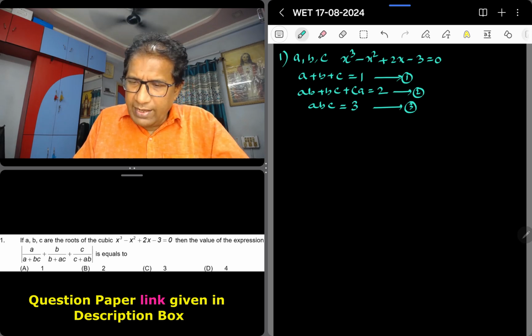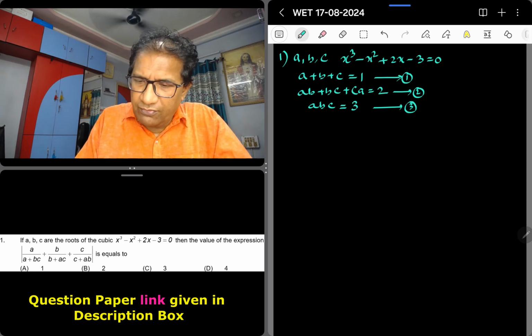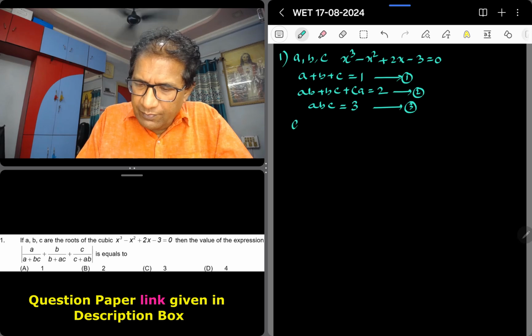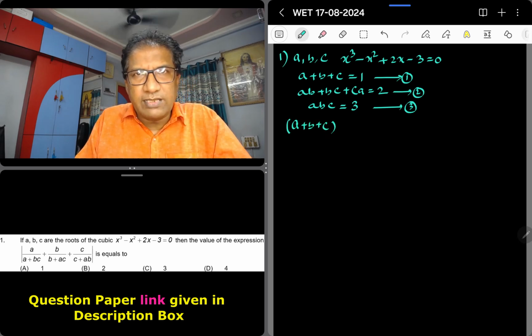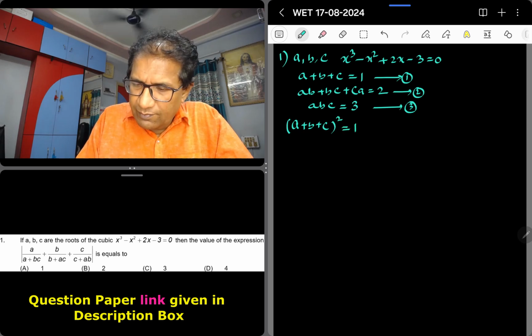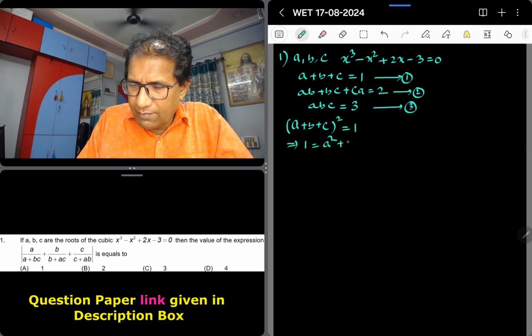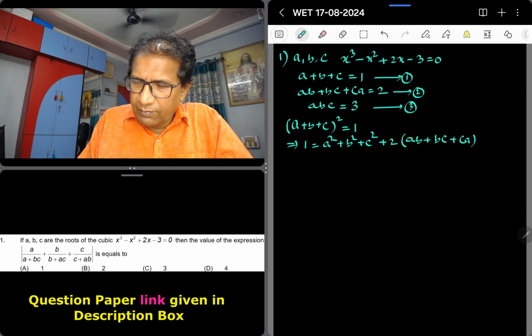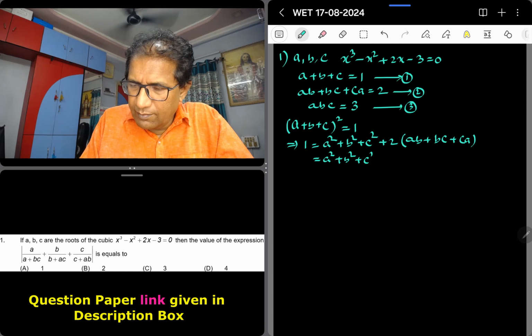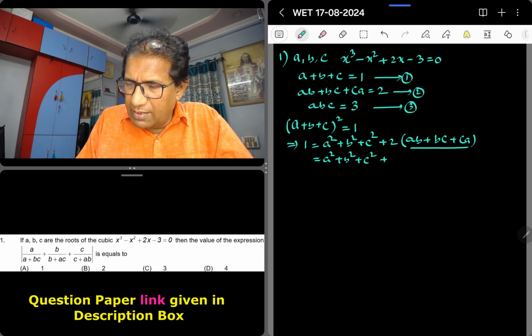Now, we are squaring both sides of equation 1 because these values will be needed while evaluating the given expression. Now the value of AB plus BC plus CA is 2.